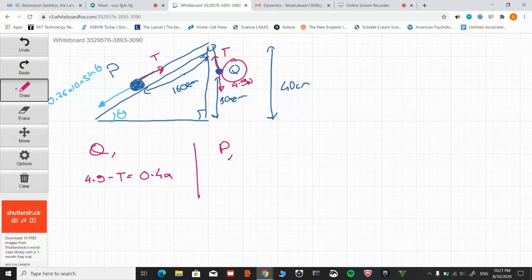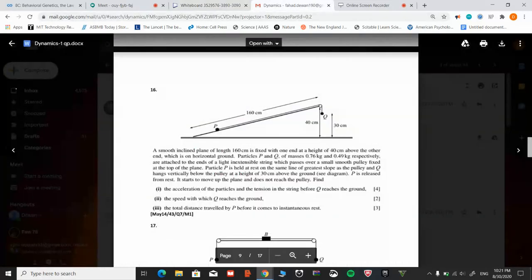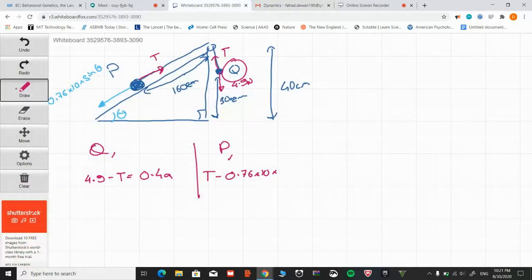Now for particle P, it's moving up, so that is T minus mg sine theta, which is 0.76 into 10 into sine theta. Now this is interesting. What do we have to do to find sine theta? Normally the theta value is given to you. But the good thing is here, oh by the way, a mistake. The entire length is 160.